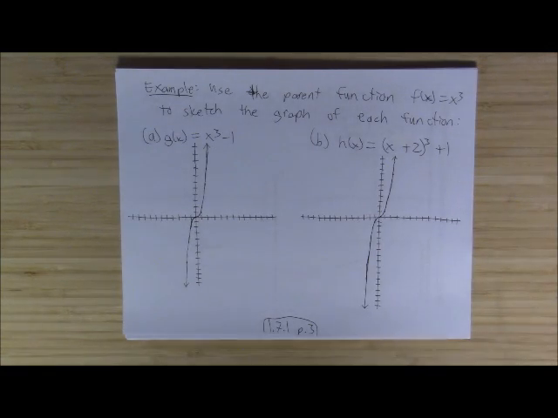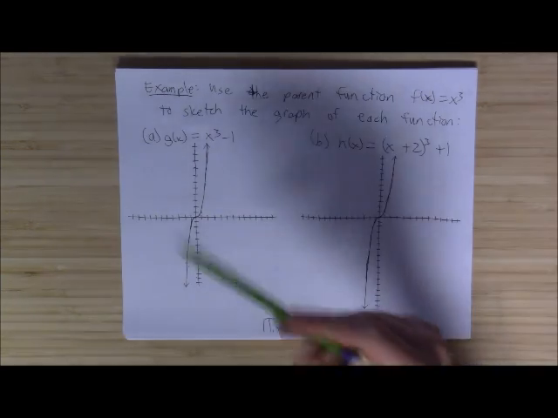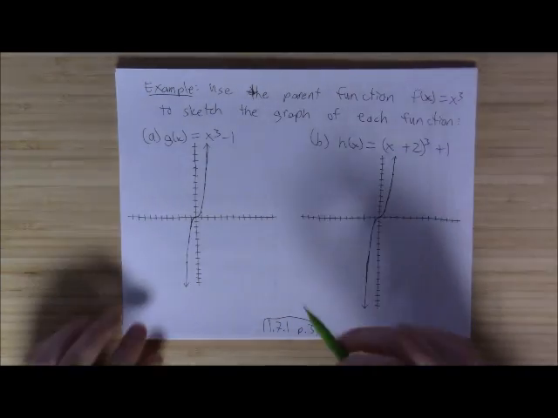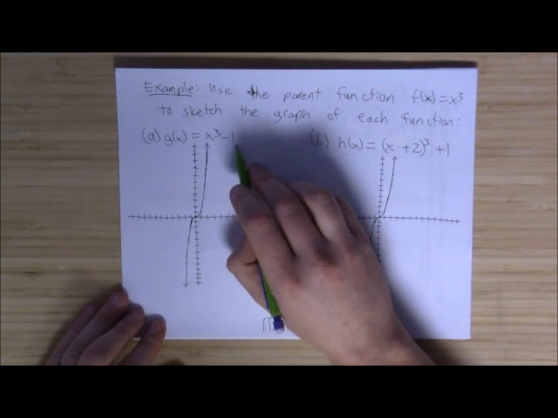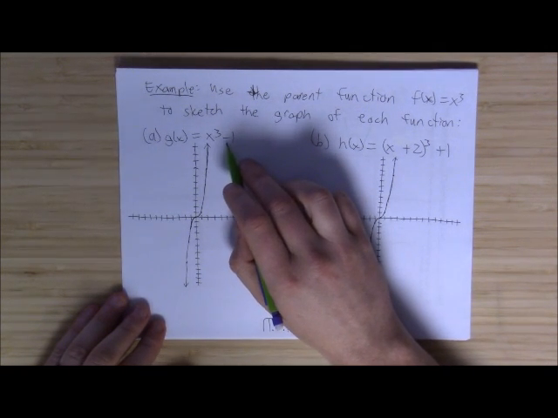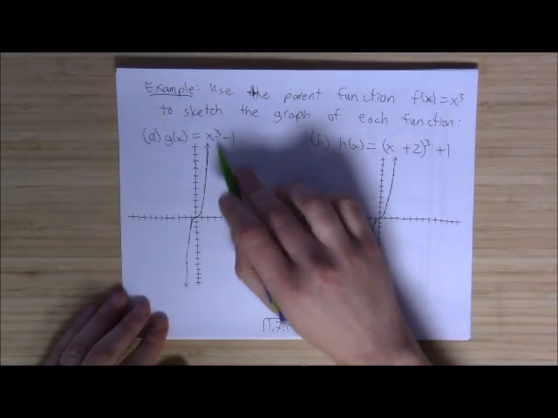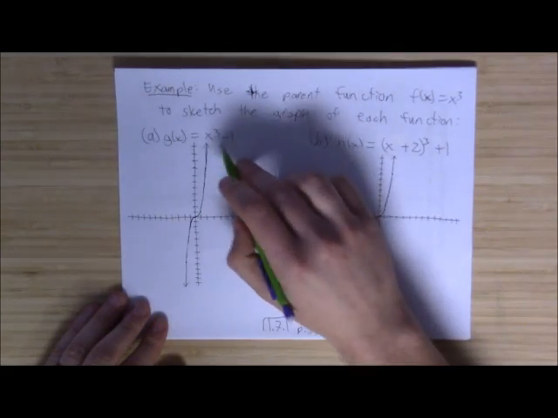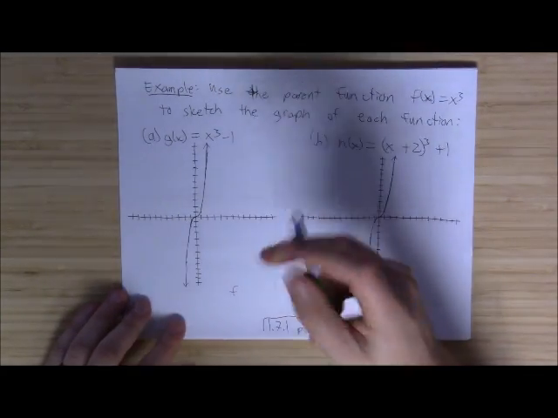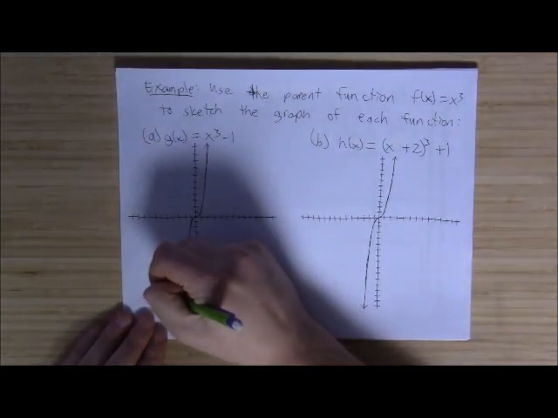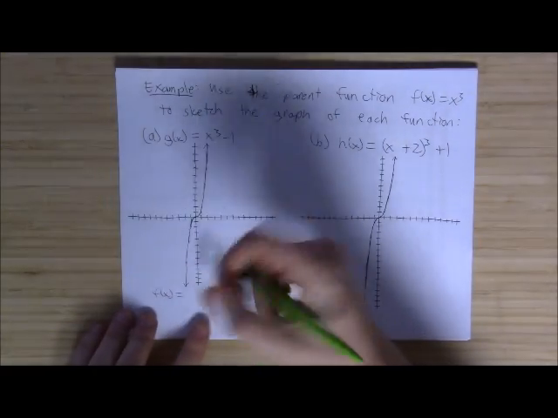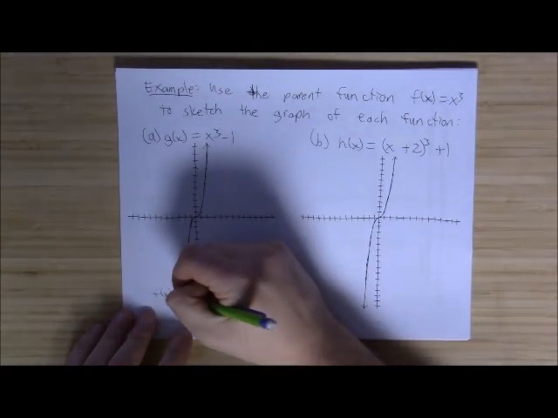So this is best understood by example. Let's use the parent function f of x equals x cubed to sketch the graph of the following two functions. It's helpful to write some notes down when doing this. Here we have x cubed, but then we subtract 1 on the outside. If you were to substitute f of x in, this is really f of x minus 1.